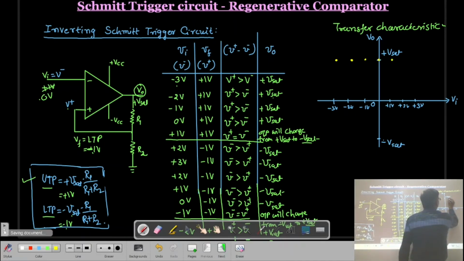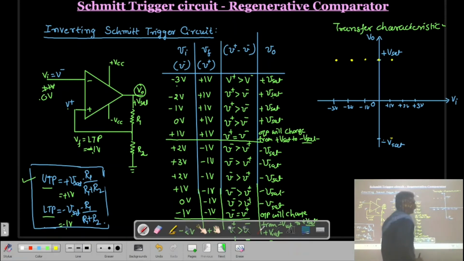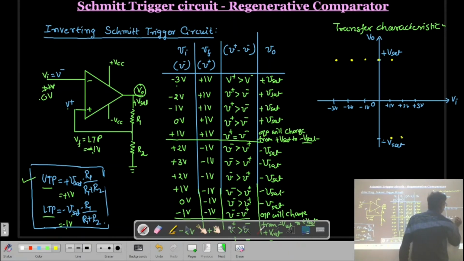So here we have plus V saturation to minus V saturation. And then if we increase the voltage to plus 2, plus 3, it remains in minus V saturation.